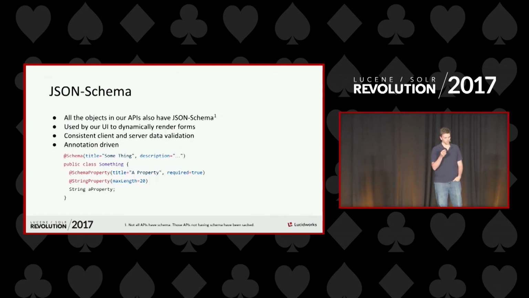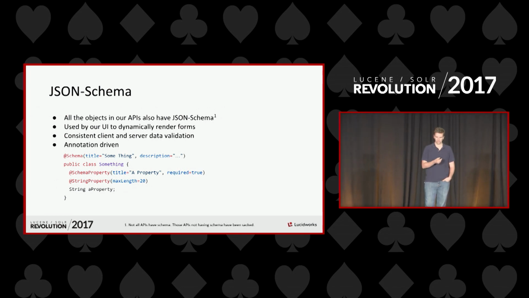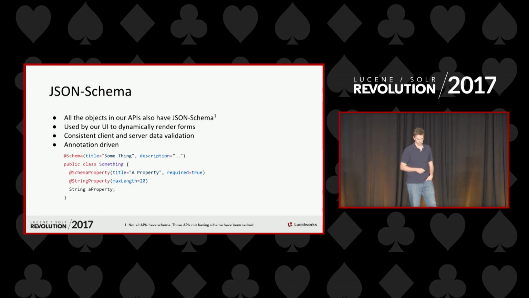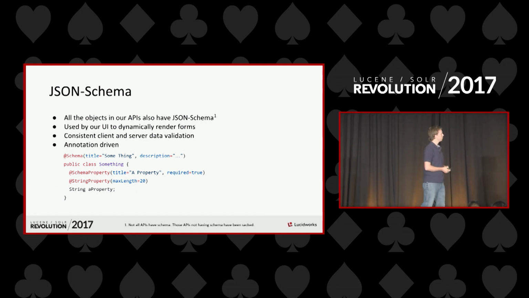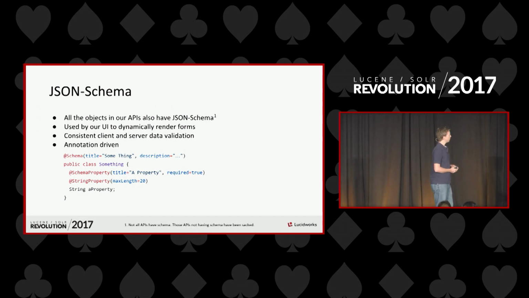Speaking of objects, one thing we do with all of ours is annotate them with schema. And it looks a little bit like the example at the bottom there. We have this declarative approach to generating JSON schema. And this has been a huge boon for us. Previously, and I'm sure lots of you are familiar with this, you need to make a small change to a configuration object.